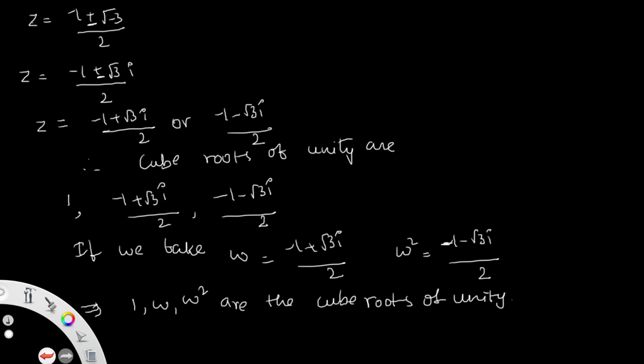So write down the properties first. We have already taken the roots as 1, omega, omega square.